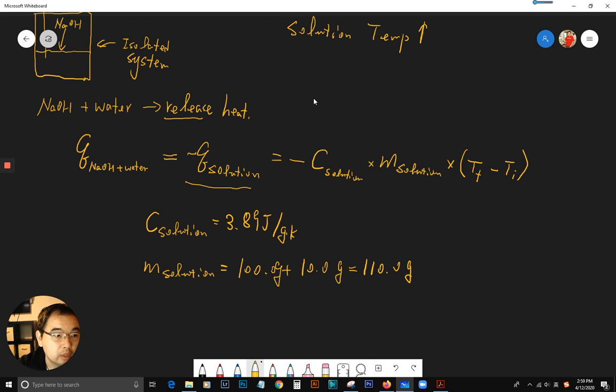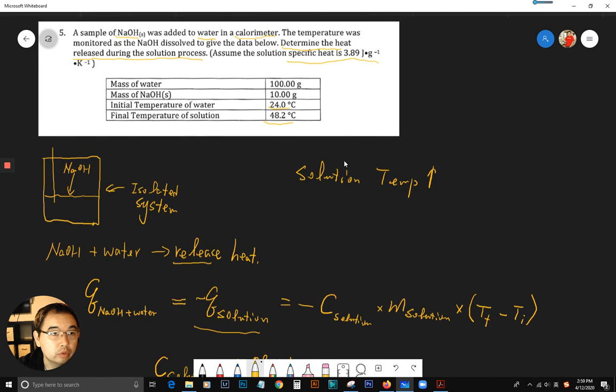Okay, and do we have the final temperature? I think we do. The final temperature is 48.2 Celsius, and the initial temperature is 24.0 Celsius.